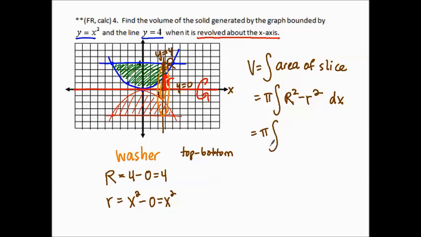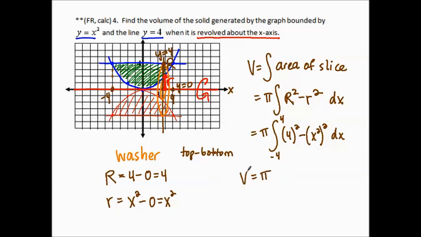So my integral will be big R squared, 4 squared, minus little r squared, x squared squared. Our limits go from the lowest x value of our region, negative 4, to the highest x value of our region, positive 4.